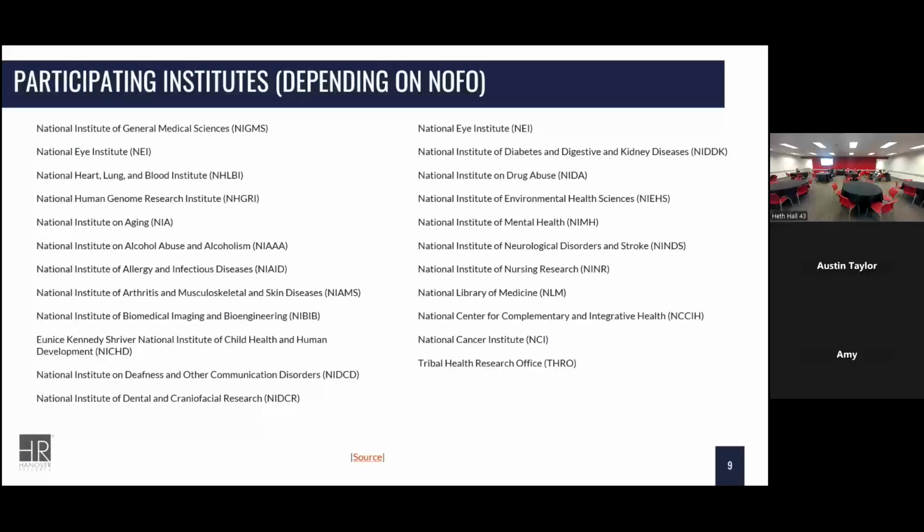So here is the list of all the institutes. You can kind of take a scan and see Institute on Aging, Allergy and Infectious Diseases, all the way down to Children's Health, Communication Disorders. So that's another area that people don't always associate with when they think of NIH.